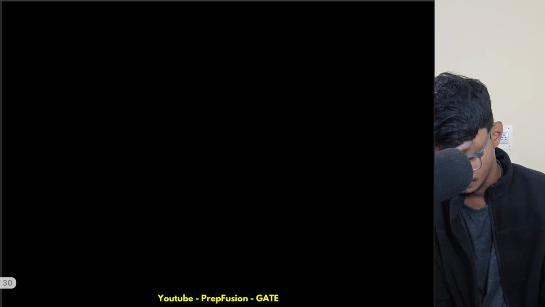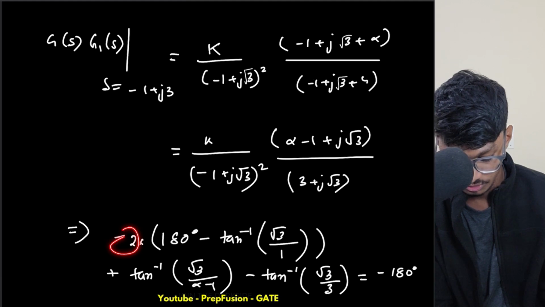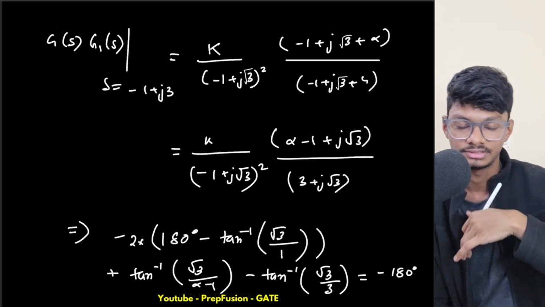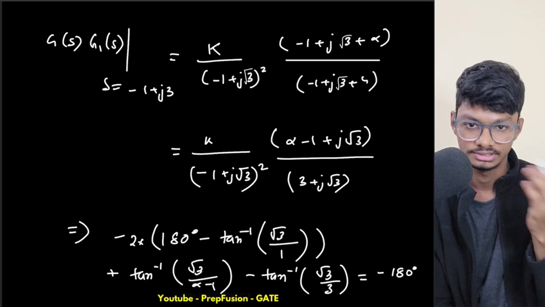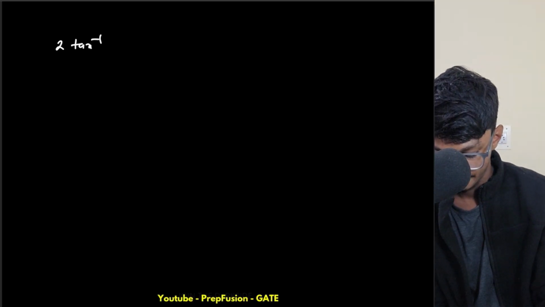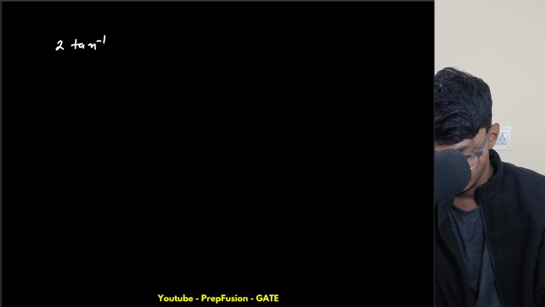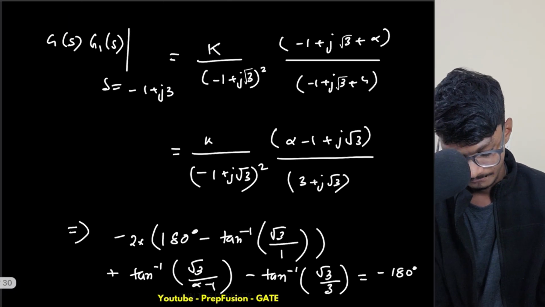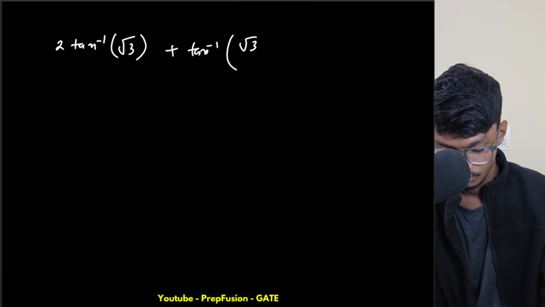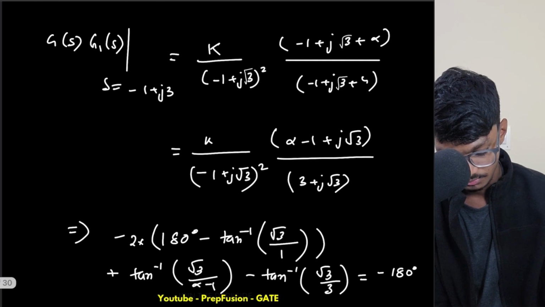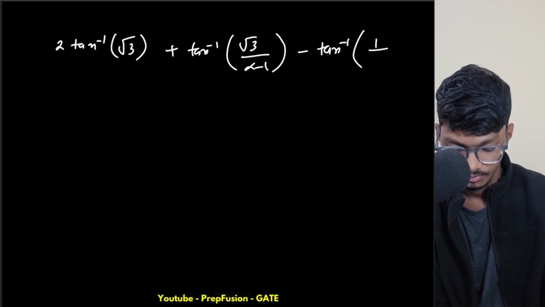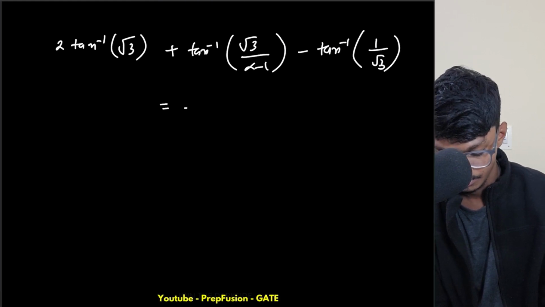Okay, so now simply if you multiply this minus 2 into this 180, it is 360 only. So we don't need to write it, because adding 360 or subtracting 360 is just a full circle, so it doesn't matter. So I won't write 360 here. I will write 2 tan inverse root 3 and plus tan inverse root 3 by alpha minus 1, then minus tan inverse 1 by root 3, which is equal to minus 180.